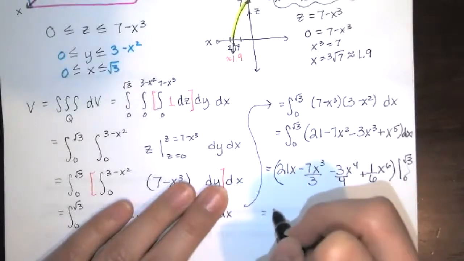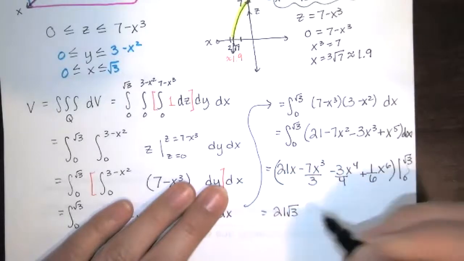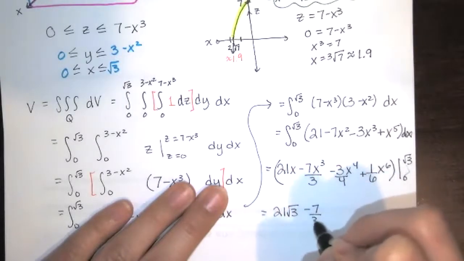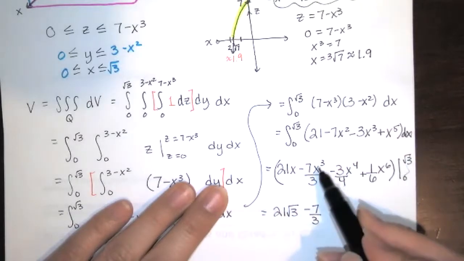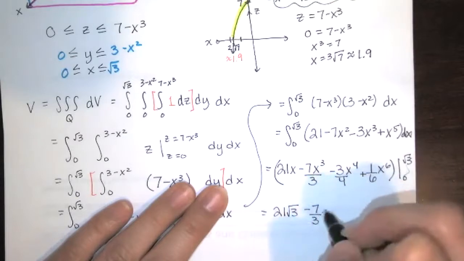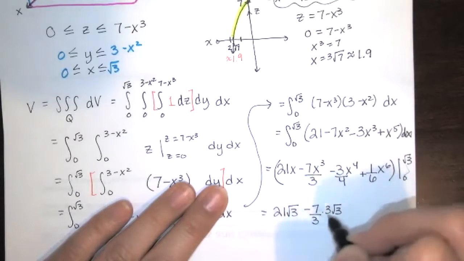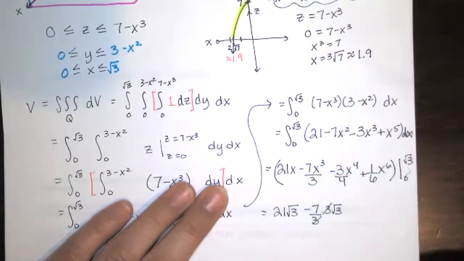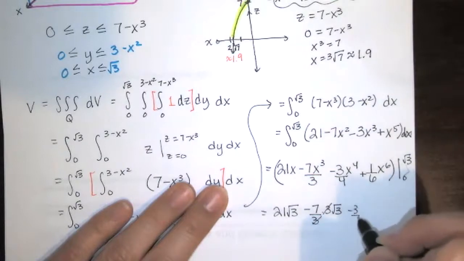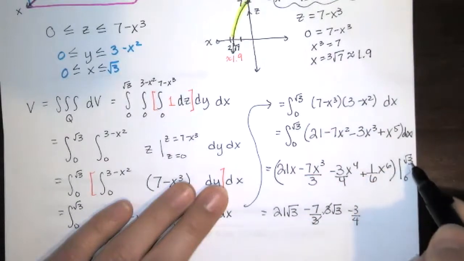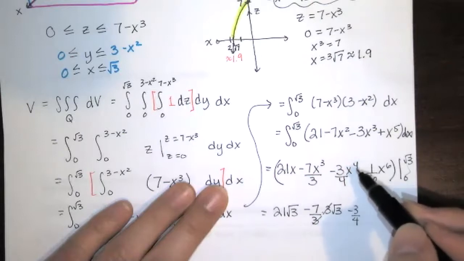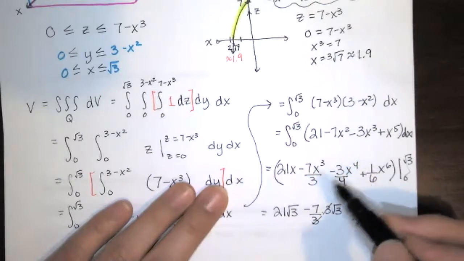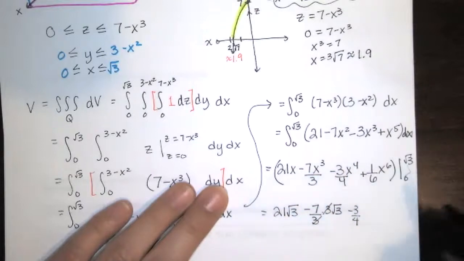At x equals square root of 3, we get 21 root 3 minus 7 over 3 times the square root of 3 cubed. Square root of 3 times square root of 3 is 3. And then there's one more square root of 3. So those 3's reduce. Then we have 3 over 4. The square root of 3 multiplying itself 4 times is square root of 3 times square root of 3, which is 3, times another square root of 3 times square root of 3, which is another 3.